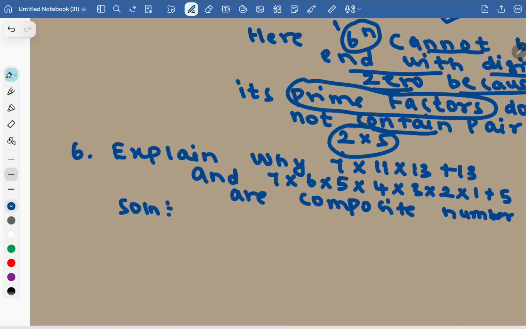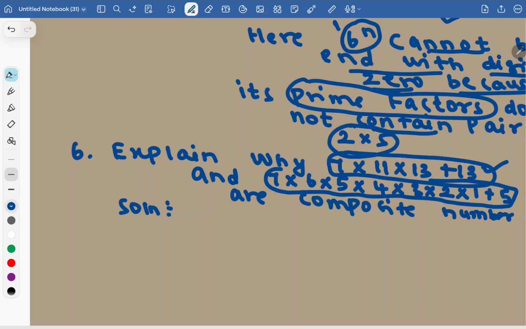Here two numbers are given in the form 7 into 11 into 13 plus 13, and the other, 7 into 6 into 5 into 4 into 3 into 2 into 1 plus 5. We have to explain why these two numbers are composite.